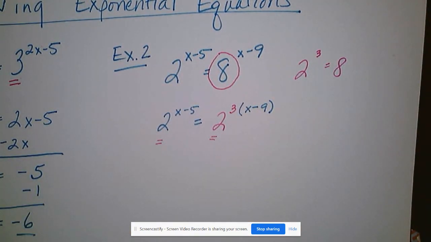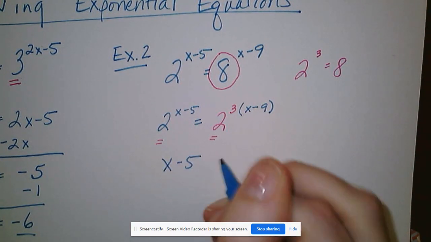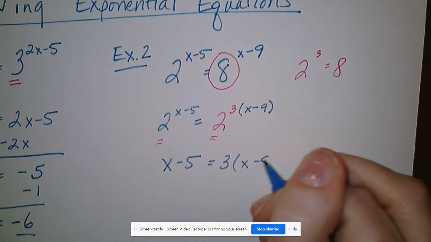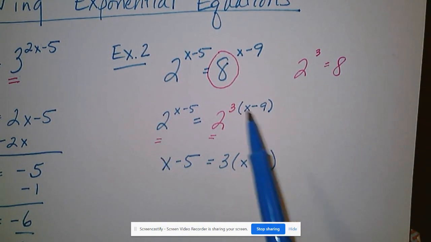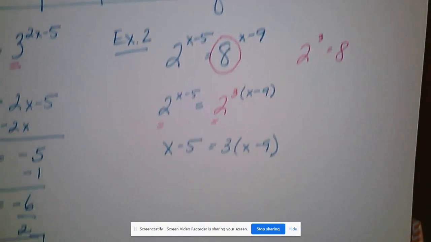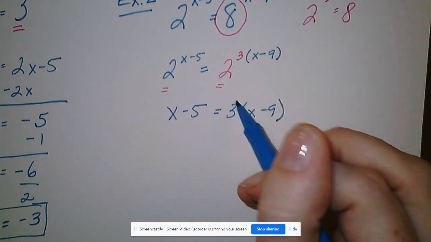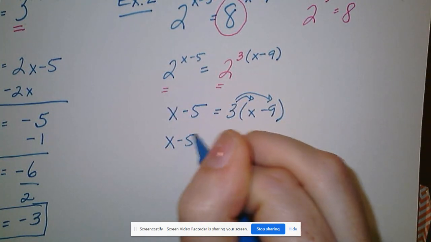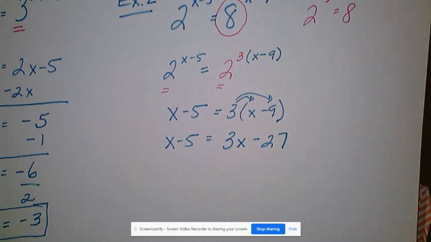And the like base itself doesn't matter as long as they are the same. I can now set my exponents equal to each other. So here I go. I've got x minus 5 on the left, and I've got 3 times x minus 9 on the right. And this is a multi-step equation. I'm going to have to distribute and get rid of that 3 first. So I have x minus 5, and then I have 3x minus 27.